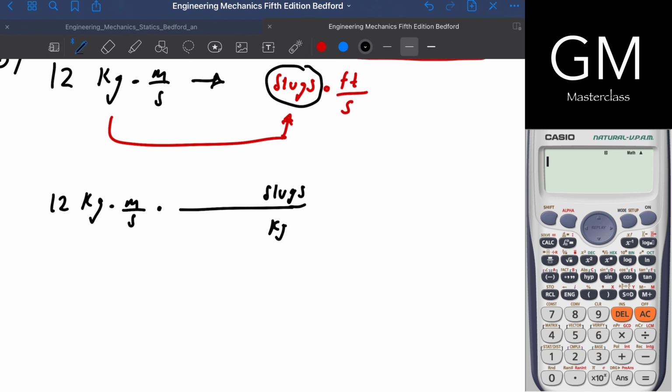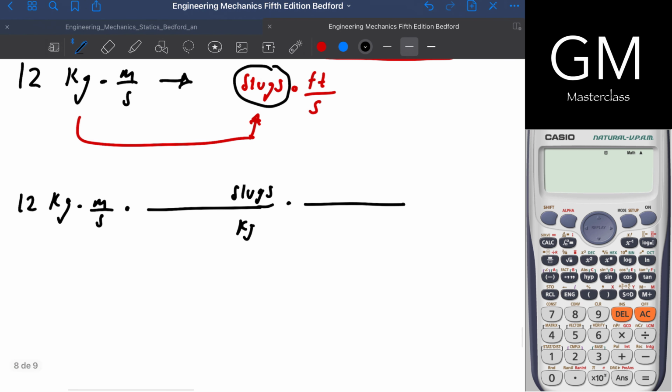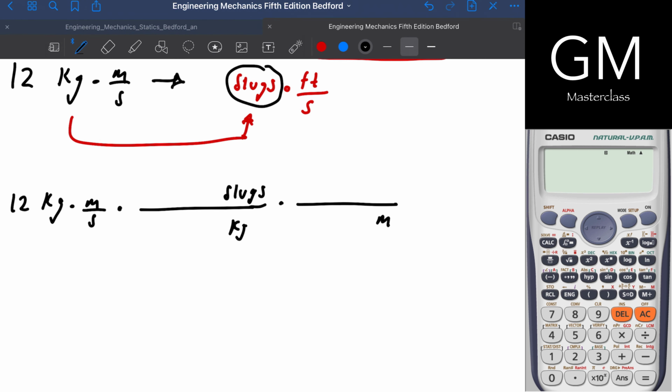And then I'm going to do the same thing with the meters and the feet. So here I have the units that I currently have, and here I have the units that I'm gonna get.